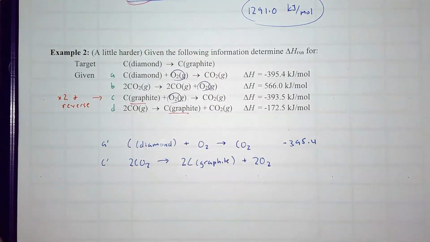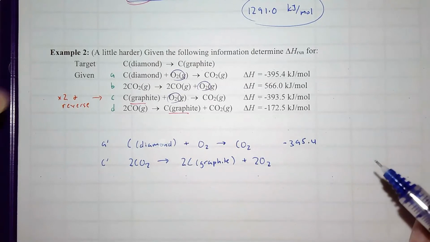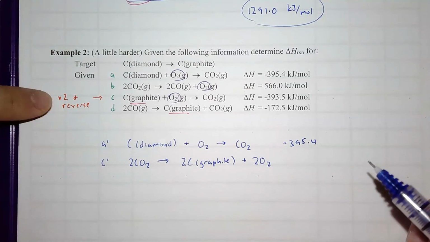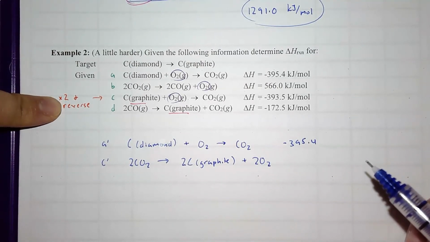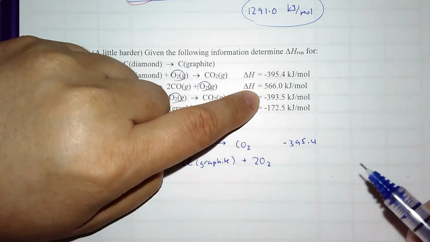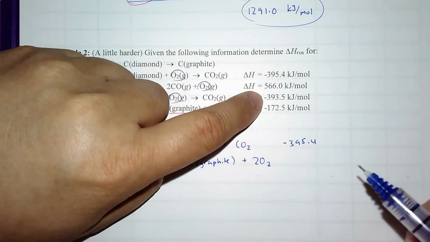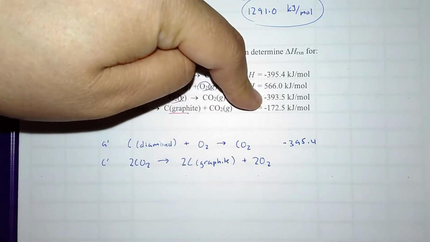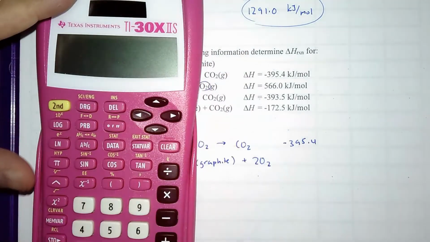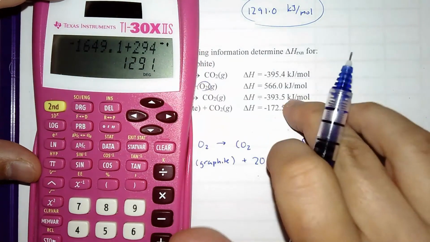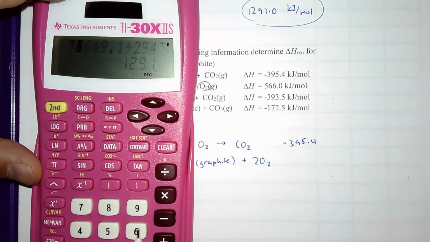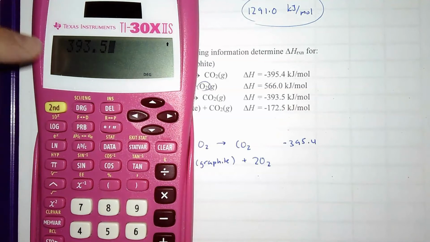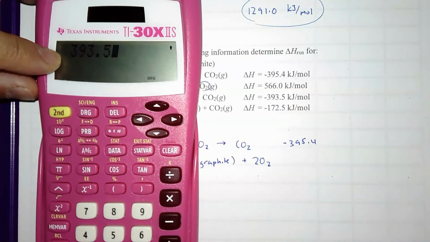Okay, I know I've talked a lot. Let's not forget that what I did was I reversed and I multiplied by 2. So this one I will reverse and get the opposite sign and then times it by 2. Okay. This is reaction C, 393.5. So I took the opposite sign because I reversed.